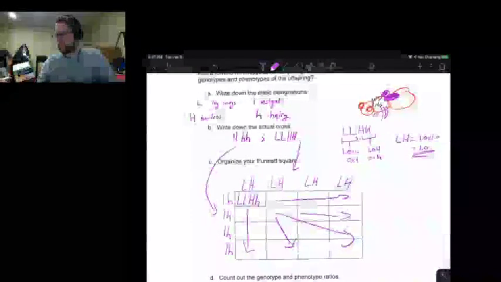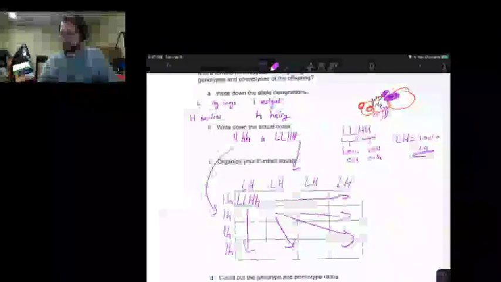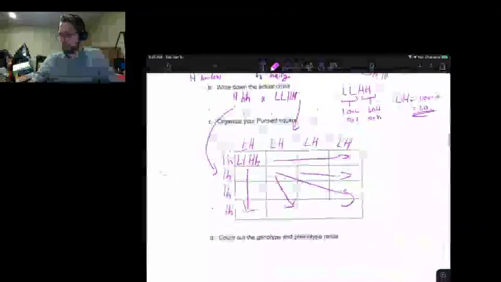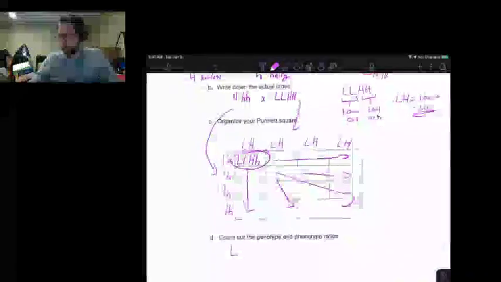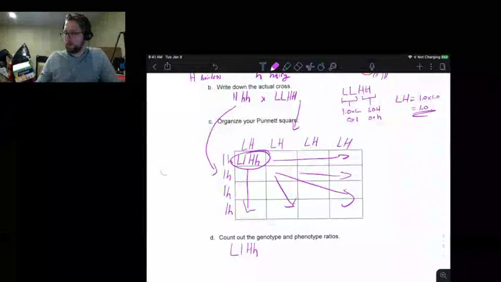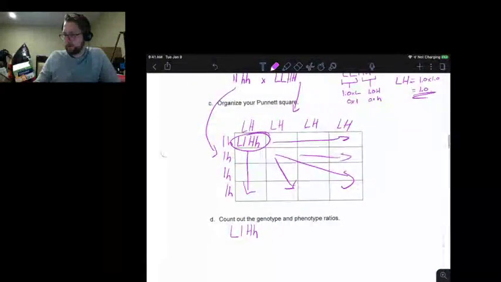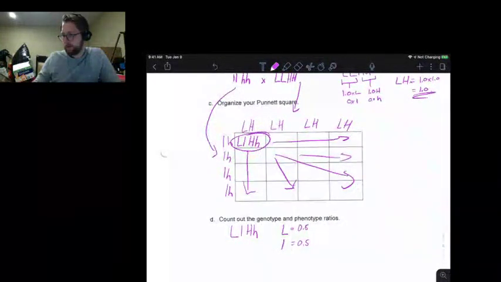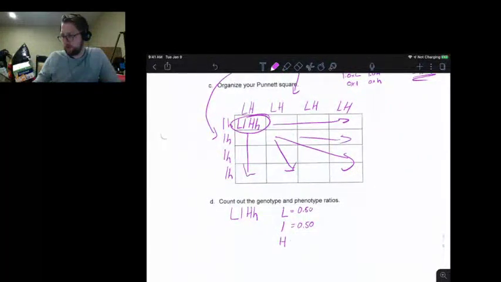So not very exciting. And then when we go to making combinations of combinations, we can multiply those as well. But when we start considering this combination, we end up with a combination like LlHh. Now for the capital L, there is a 50% chance, for the lowercase l, you have a 50% chance, for the capital H, you have a 50% chance, and for the lowercase h, you also have a 50% chance.